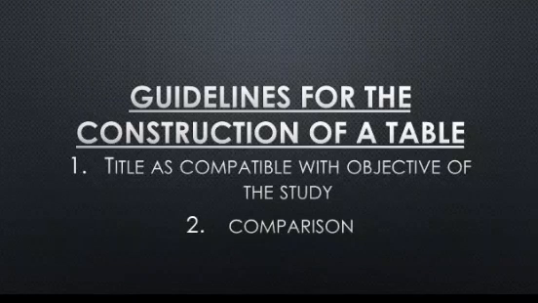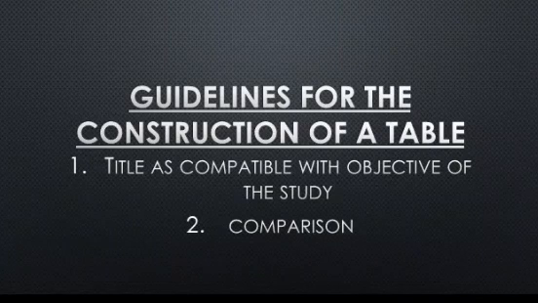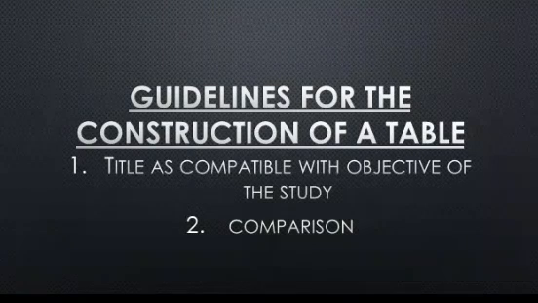They both must be compatible with each other, and it should not be that your title is not representing the objective, and even you are not sure about the objective of your study. You must have a clear idea about the objective of your statistical studies. Secondly, you should give the title appropriately.